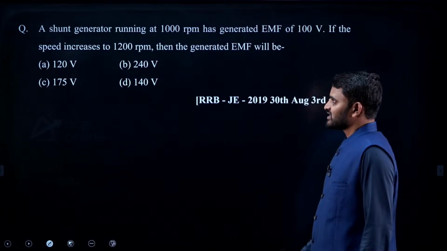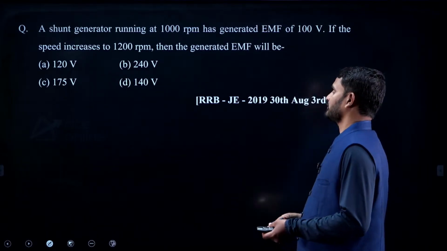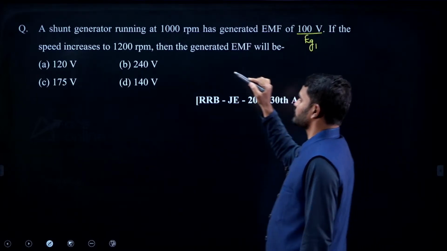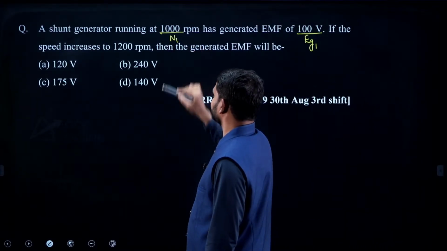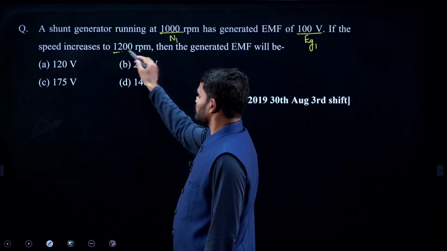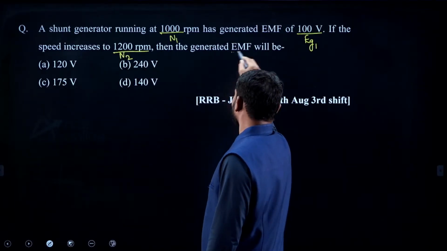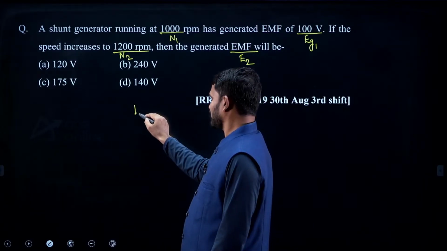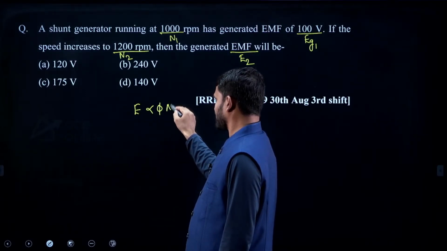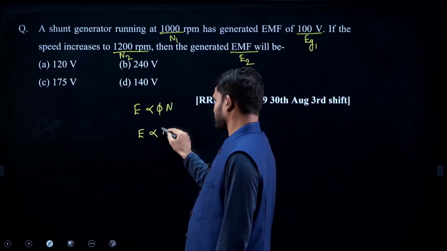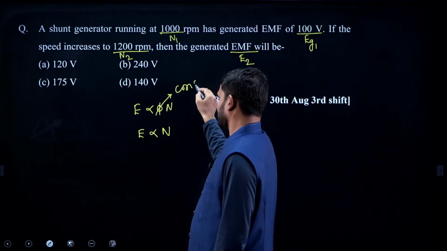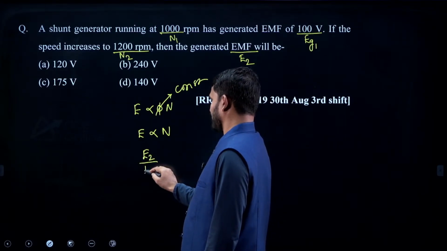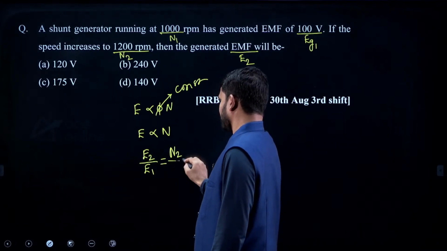Look at this one. A shunt generator running at 1000 RPM has a generated EMF of 100 volts. Let me mark this as N1. If the speed increases to 1200 RPM, then the generated EMF will be? Shunt generator, flux is constant. So we know EMF is proportional to flux and speed, na? So I can write EMF is directly proportional to speed because flux is constant. Here he is asking E2, na? So E2 divided by E1 is equal to N2 divided by N1.